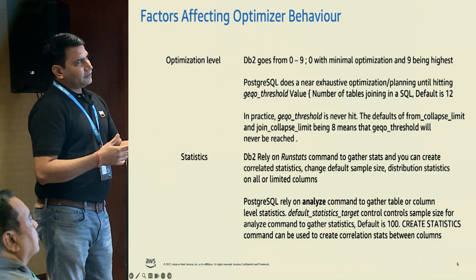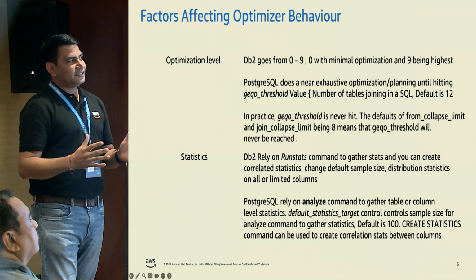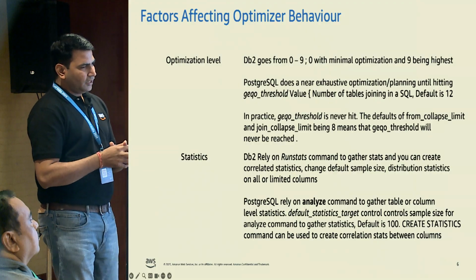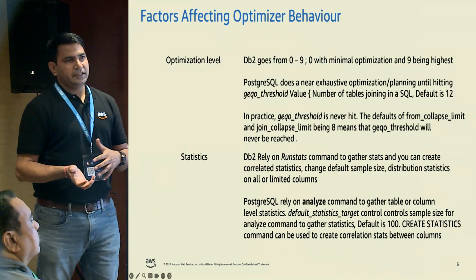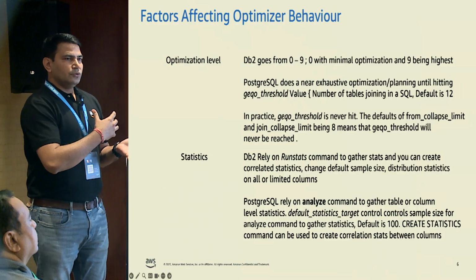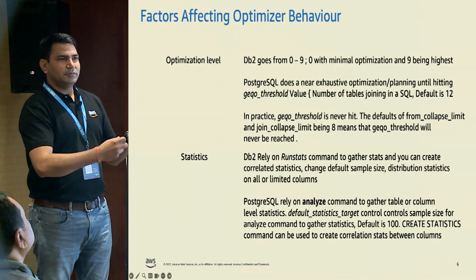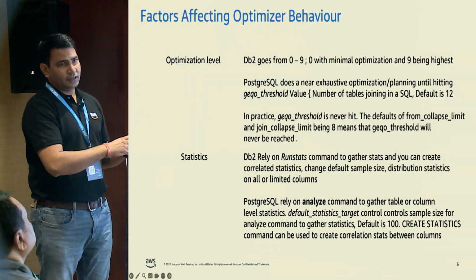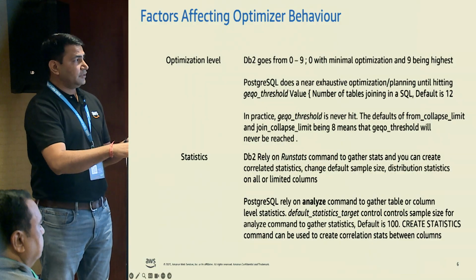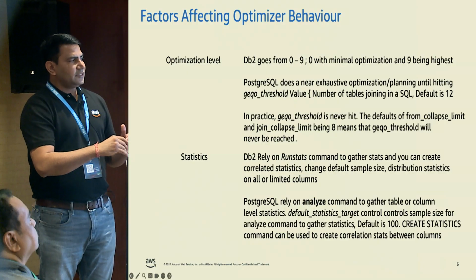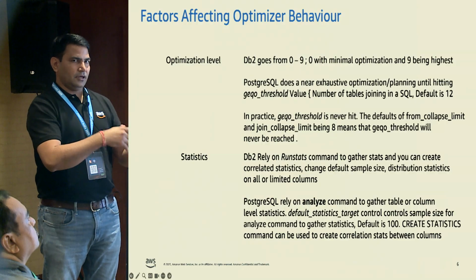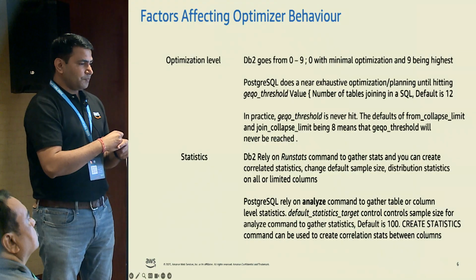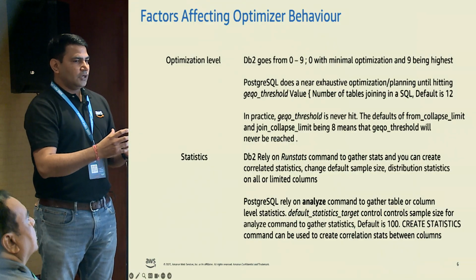A second factor that affects your planning is stats. In DB2, we rely majorly on the RUNSTATS command to find out the relation between different columns, how many indexes there are and everything, and that is stored in the DB2 system tables. In PostgreSQL, the command is called ANALYZE, not RUNSTATS.